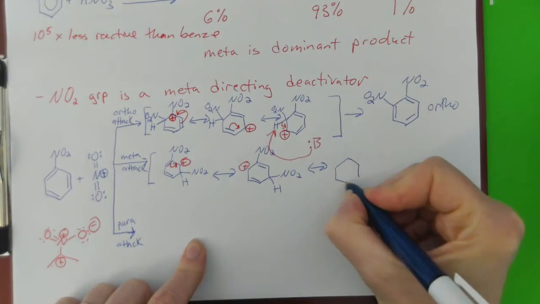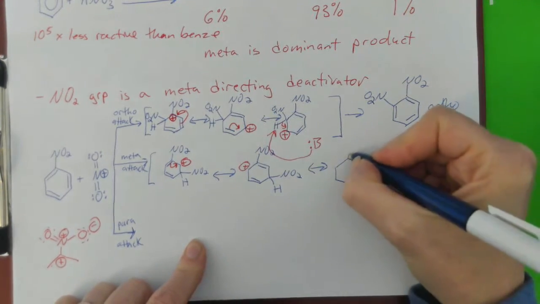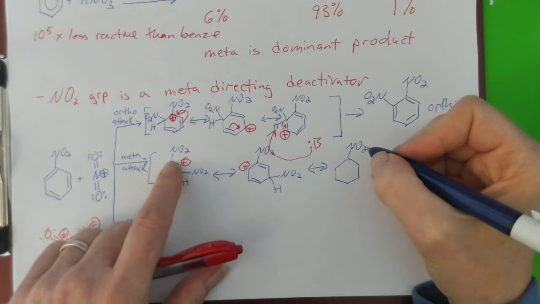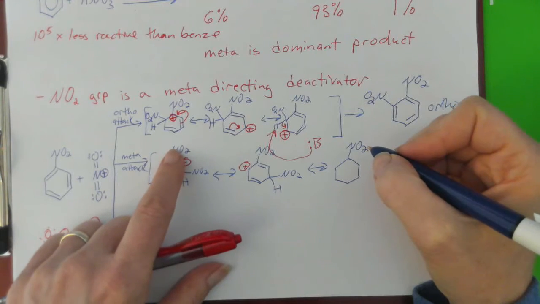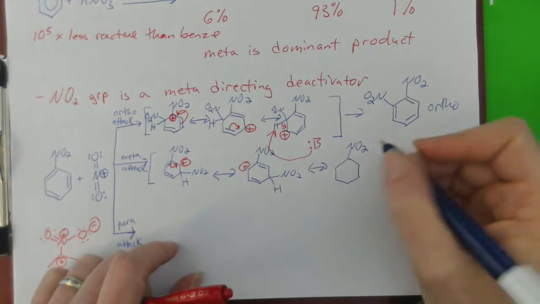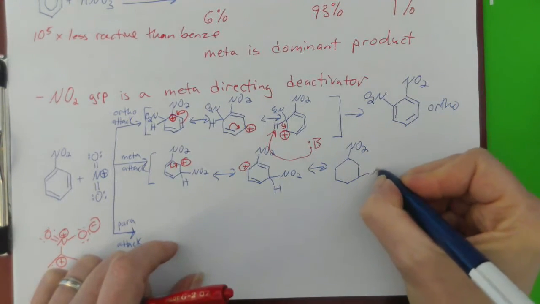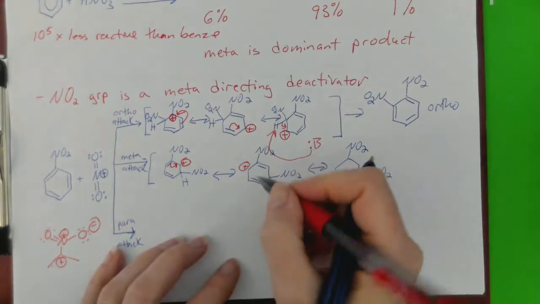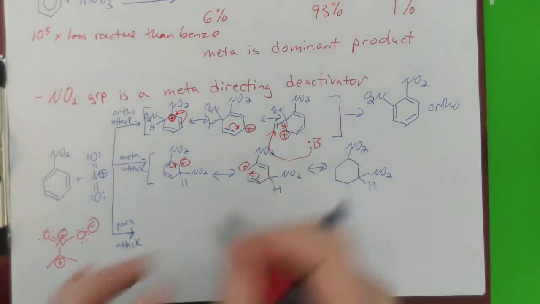And then let's draw the other one. So far I don't have that plus charge at this carbon next door to the nitrogen with the plus charge on it, right? Okay, I'm going to move this here.